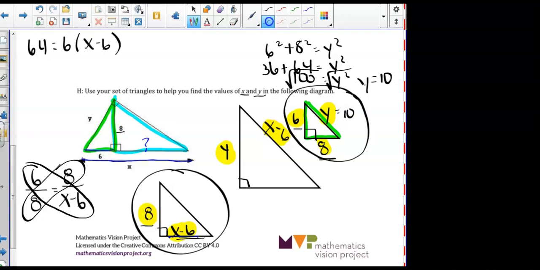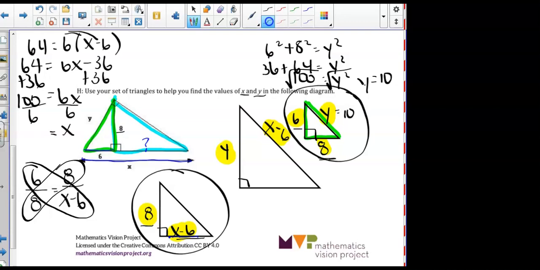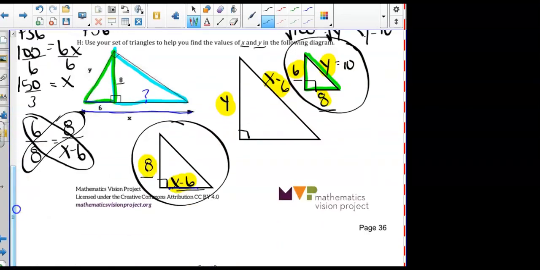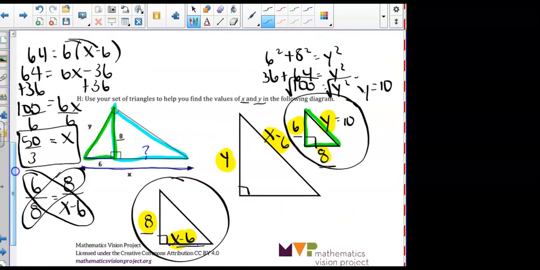You can distribute the 6 or you can divide by 6. It is your choice. I'll just distribute the 6. So 64 equals 6x minus 36. I'm going to add 36, and I get 6x equals 100. Divide by 6, and my value for x will be 50/3, or 16 2/3, or 16.6 repeating. So I found x and I found y.